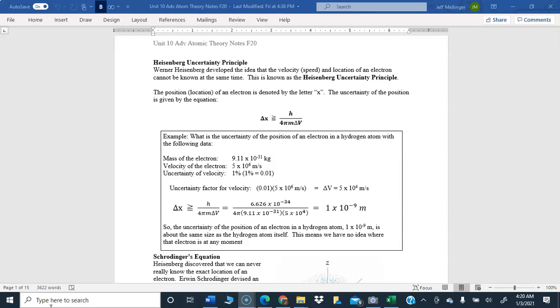So delta x is greater than or equal to Planck's constant over 4 pi times the mass of the electron, or whatever the object is, in this case an electron, times the change in velocity. The change in velocity simply means the uncertainty of the velocity, and delta x means the uncertainty of the position, where it is. Okay, so we're going to go ahead and copy that down.